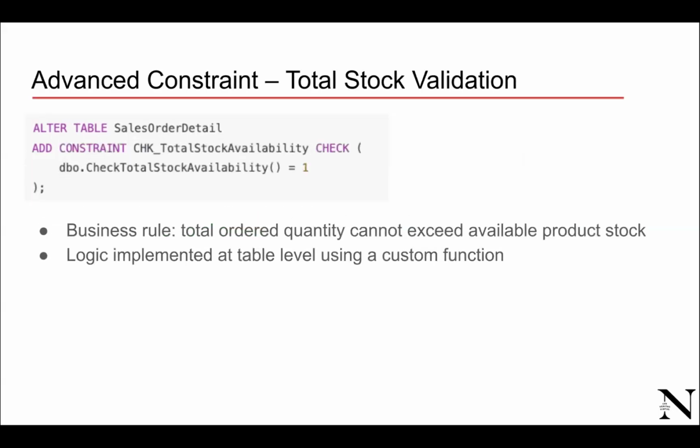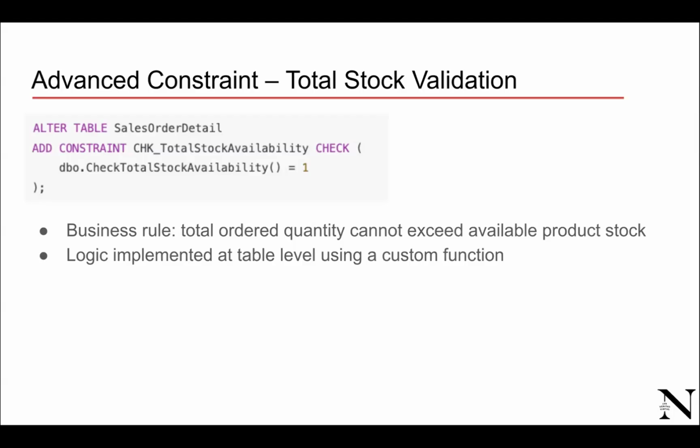Next, an important detail we want to mention: in addition to computed columns, we also implemented an advanced table-level constraint using a function. The goal was to enforce a business rule: the total ordered quantity of a product must not exceed the available stock. We found this very important.